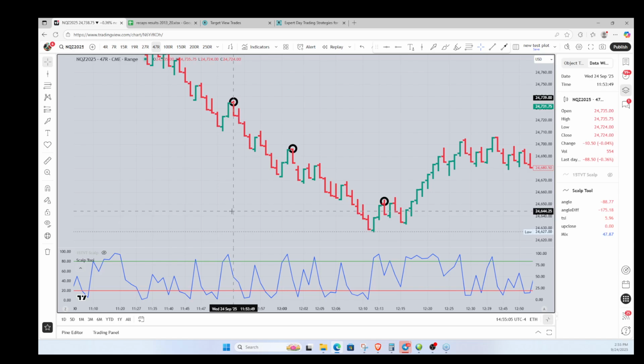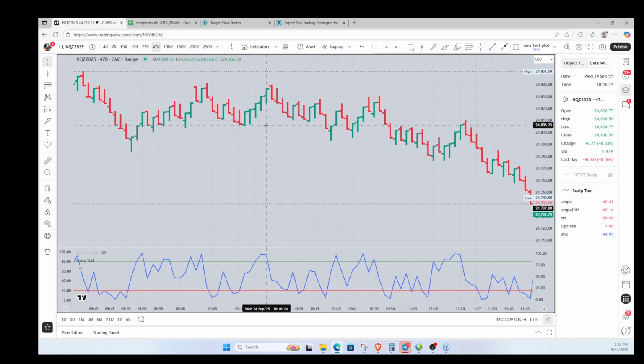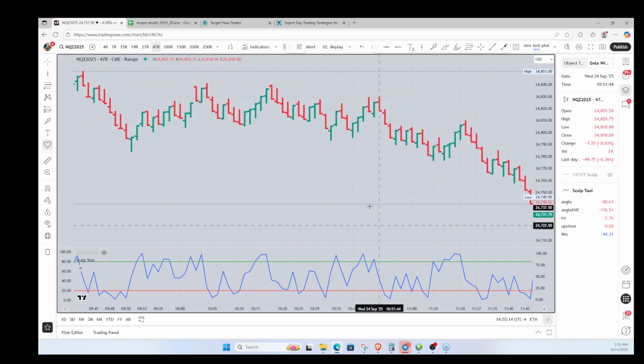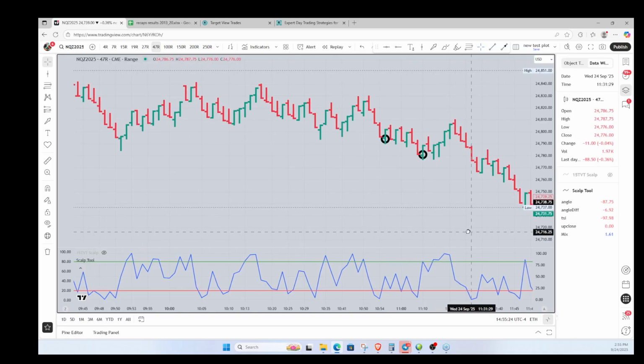For the longs, let's find a long one. Okay, here's a long one right here. You would buy right there at the open. There's another one right after it. You would buy right here at the open.